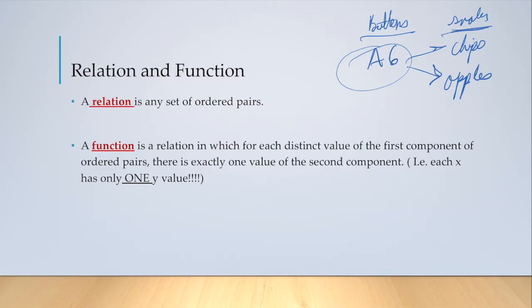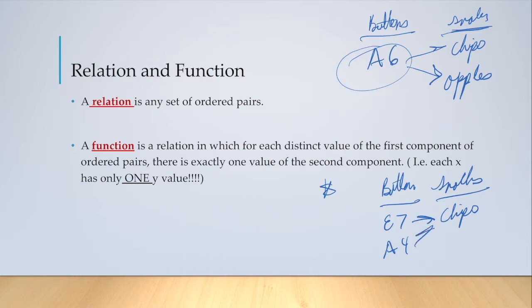It is okay for each y to have more than one x. Like if I have a snack machine and I just have it full of chips, so much so that I have a bunch of buttons like E7 and A4, all giving me out chips, that's still going to work. Because if I push E7, I know I'm getting chips. If I push A4, I know I'm getting chips.